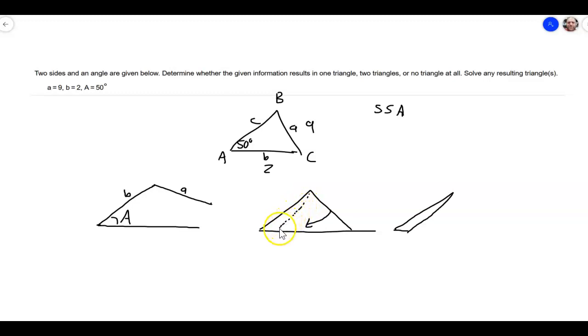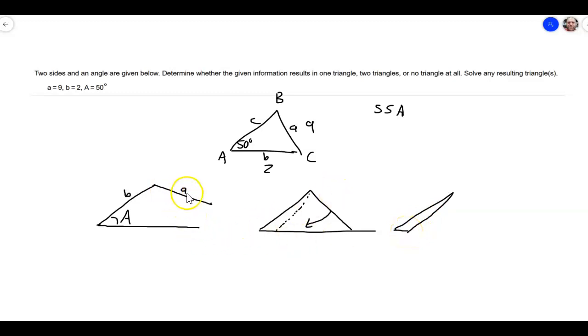In both of those cases, this angle remains the same, and this side length remains the same, and this side length remains the same. So here's a case where they just give us the measure of an angle and two side lengths, and I could have this larger triangle here, or I could have this smaller triangle there.